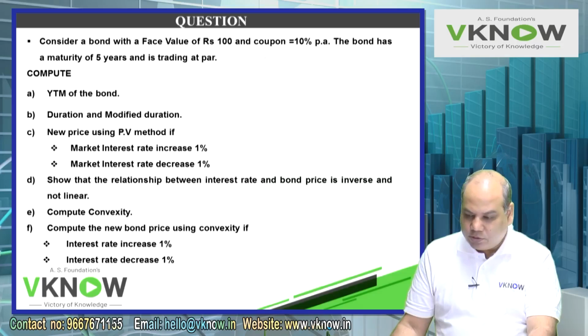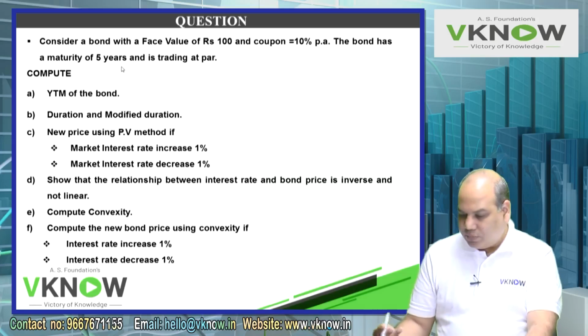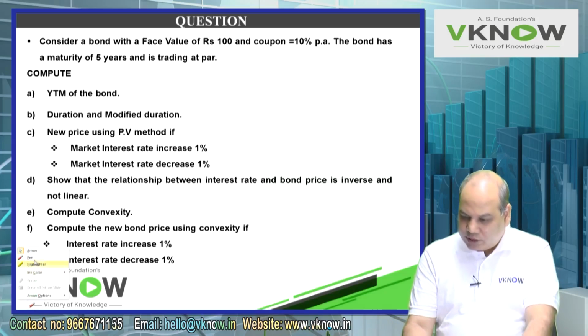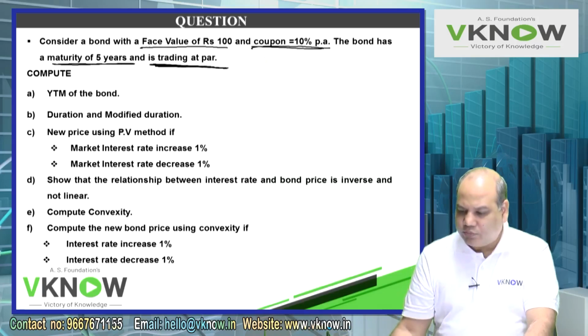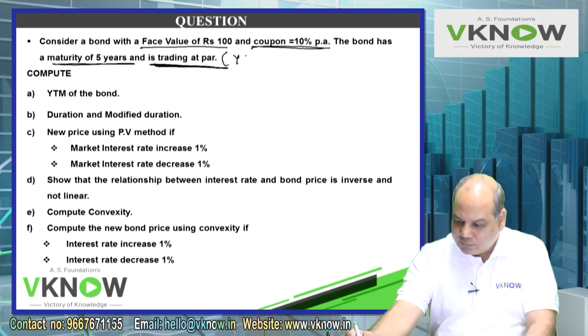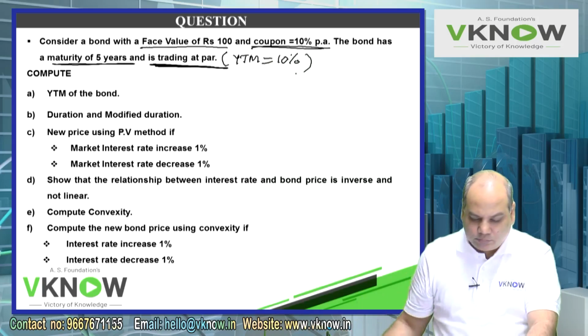The bond has a maturity of 5 years. To keep our calculation limited, I have taken the same face value, same coupon rate, same maturity, and it is trading at par. So its YTM is also indirectly, they are saying current YTM is 10%.